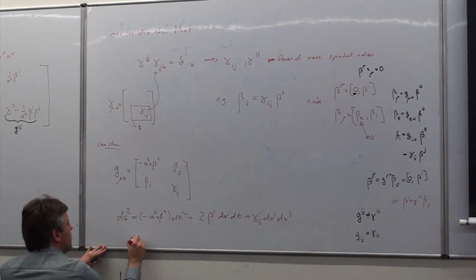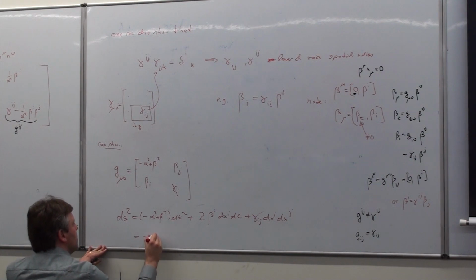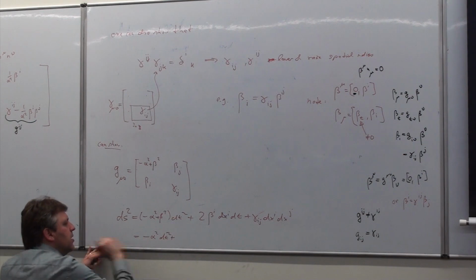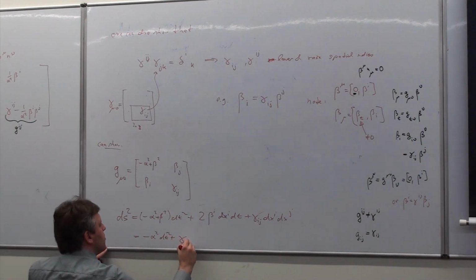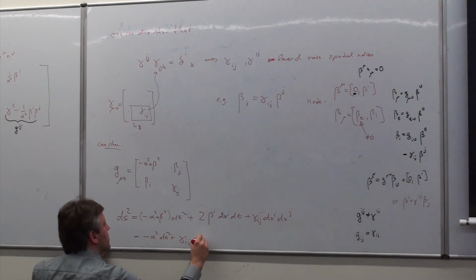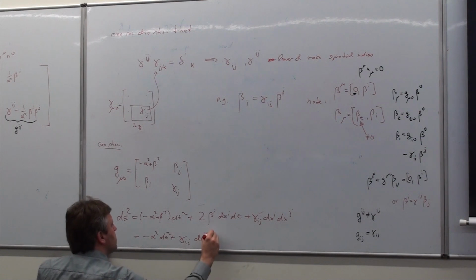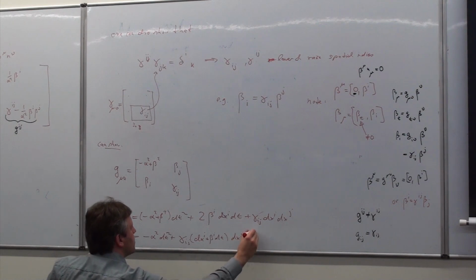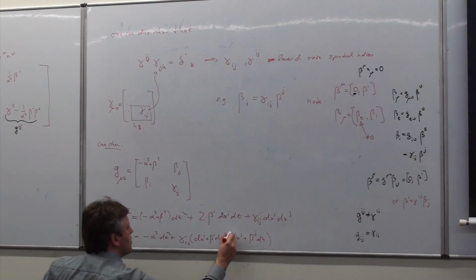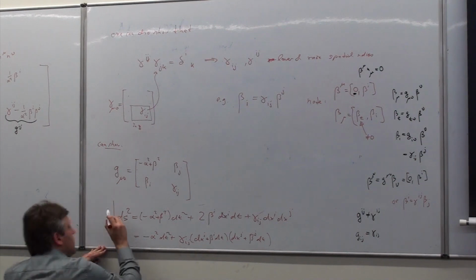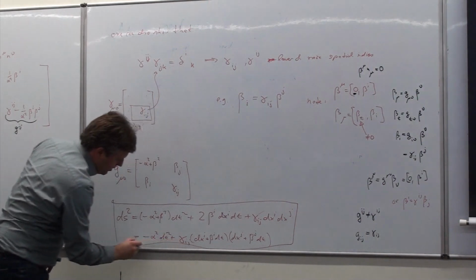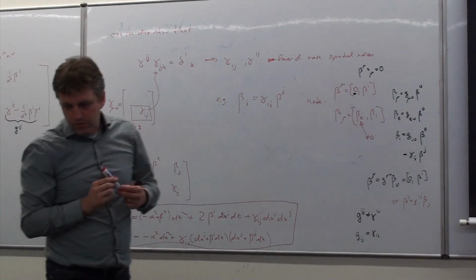If you rearrange parentheses, this turns into minus alpha squared dt squared plus gamma ij dx i plus beta i dt, dx j plus beta j dt. And this is now the metric in 3 plus 1 form.